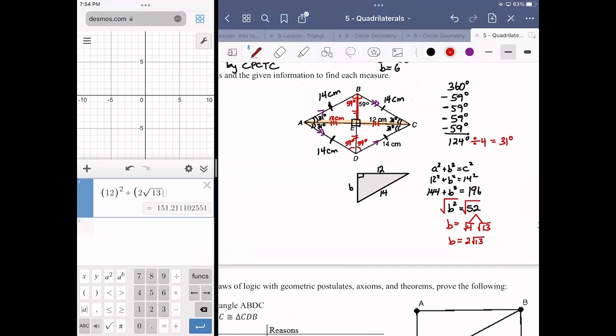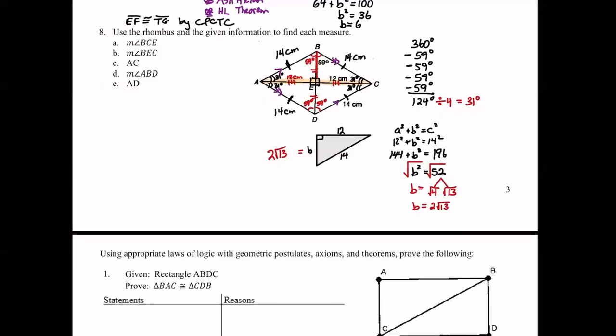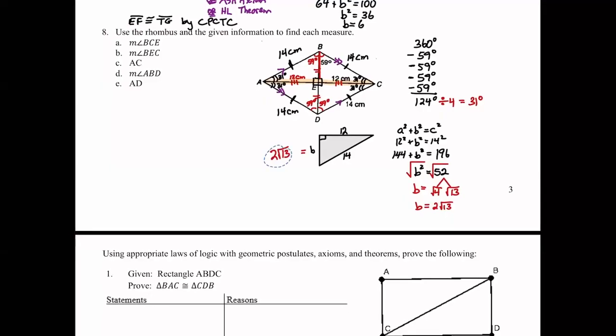Do it again without the oops. That's 196, which is what 14 squared is. All right, so that means that the B side here is 2 rad 13. It's a nice exact value. Not pretty, but it's better than the decimal equivalent, so we'll take it.